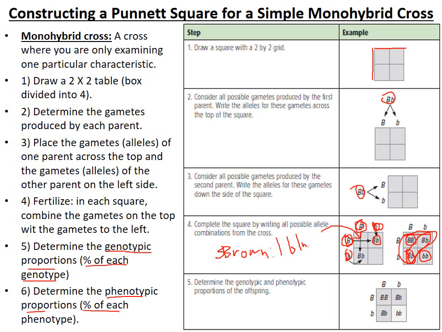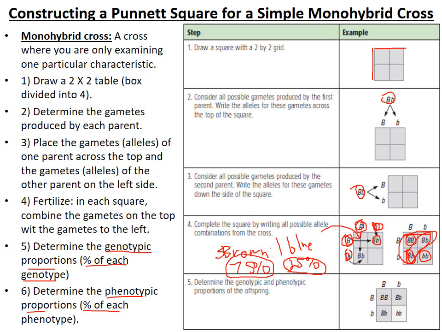That's phenotype though, not genotype. If I were to ask you for the proportion, you might say 75% brown, you'd have to write down brown, and 25% chance blue. So if there were 100 individuals in the population, 75% of those 100 individuals, so 75 individuals, would be brown eyes, and 25% would be blue eyes. I could also ask you for genotypic ratios.